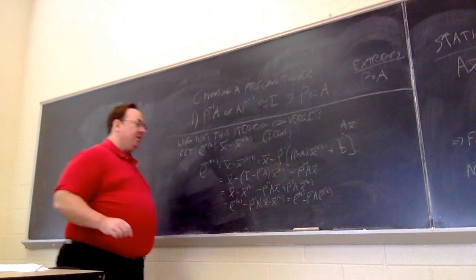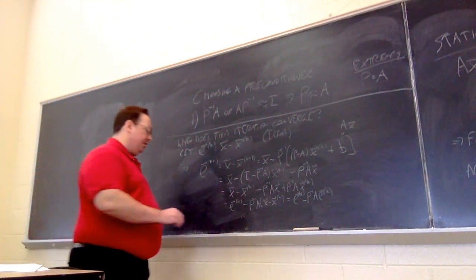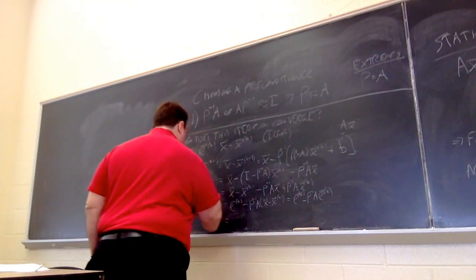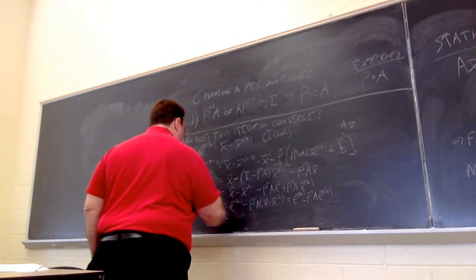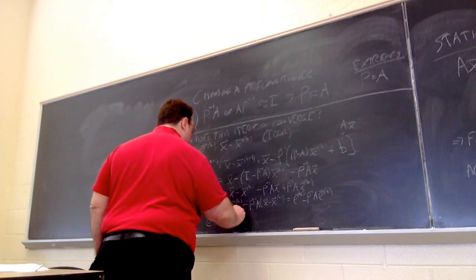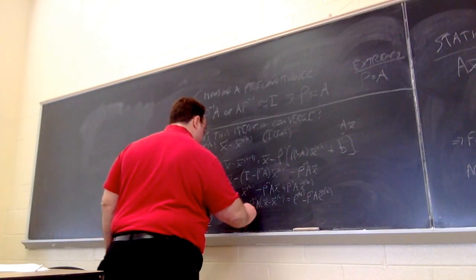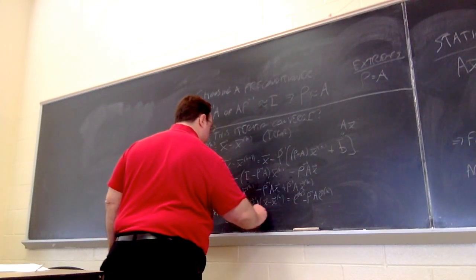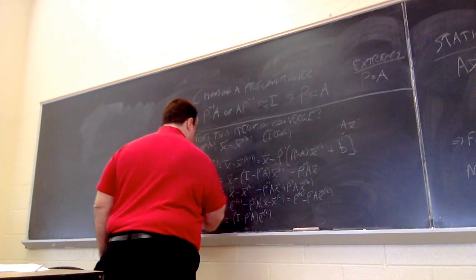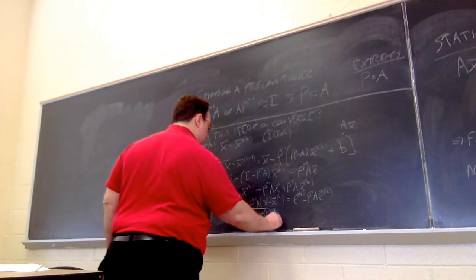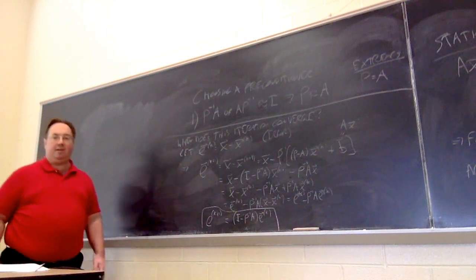So now if I factor ek out to the right, I finally get my expression for new error in terms of previous error. Ek plus 1 is identity minus P inverse A ek.